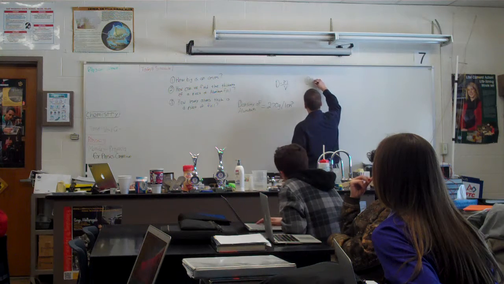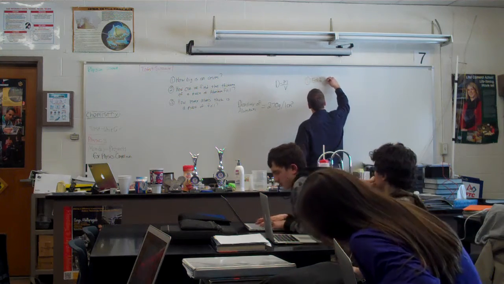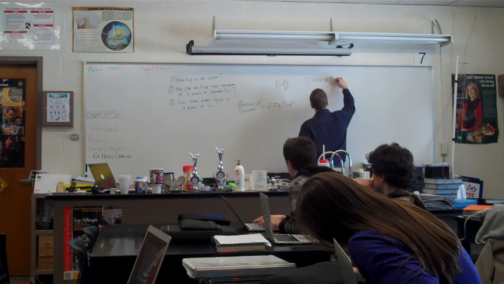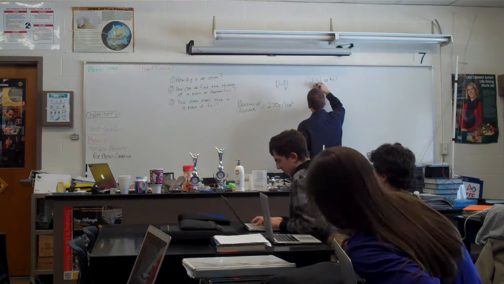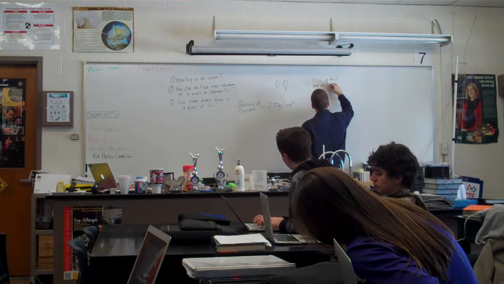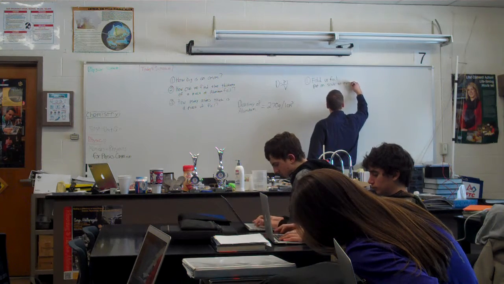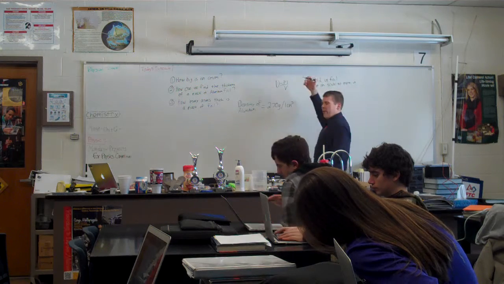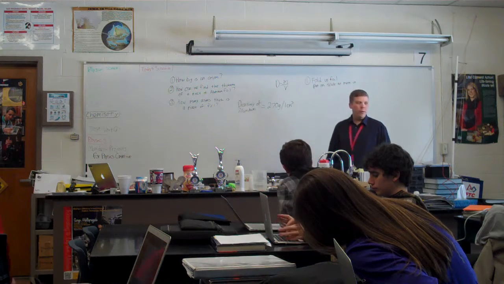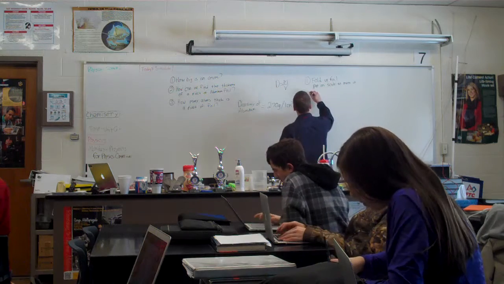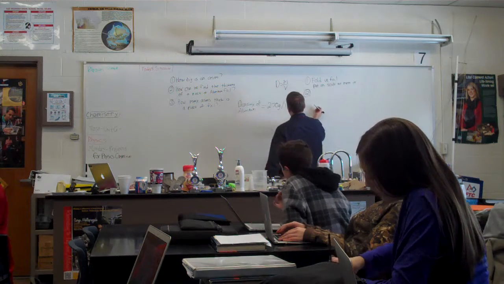So, fold up foil, put on scale to mass it. By the way, if you haven't figured it out, we're kind of doing your procedure at the same time. So that'll get us our mass.